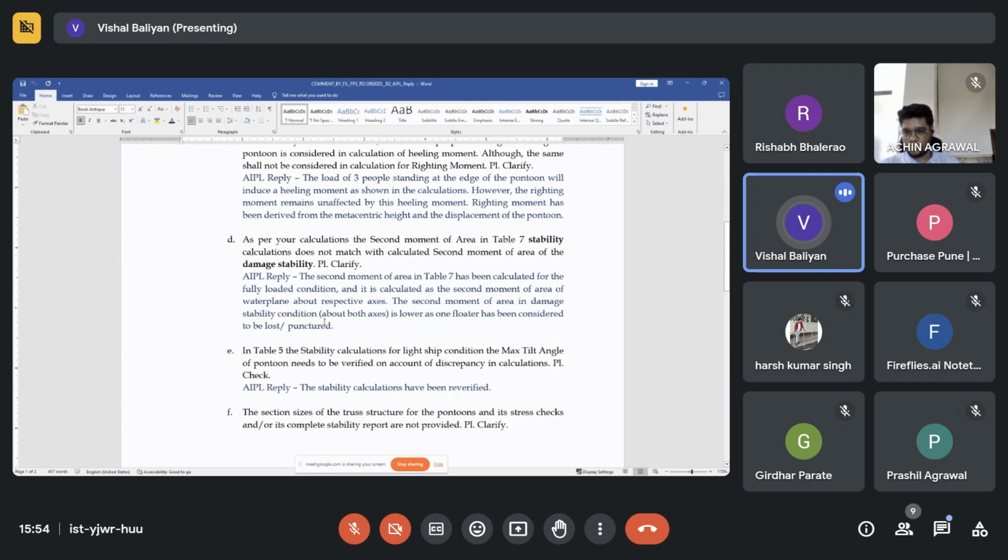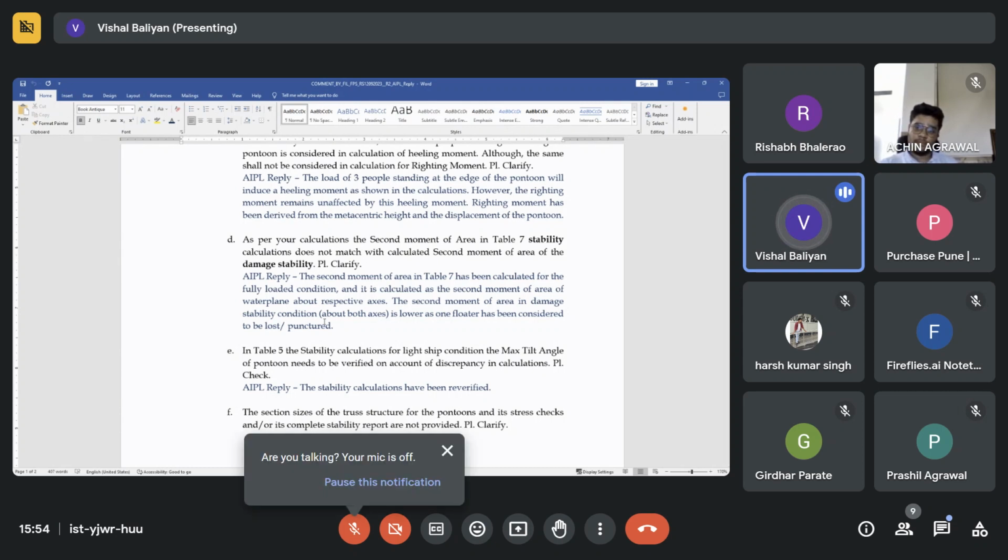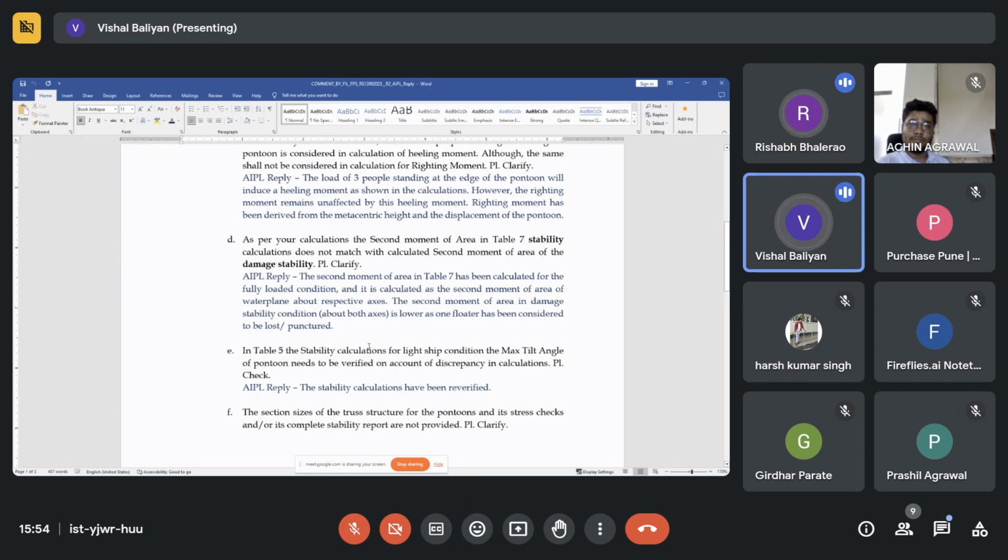We have informed in the report that one floater we have considered to be punctured. The second moment of area is of the waterplane. So when we consider one floater as punctured, we will not consider its area in the calculation of the second moment of area.